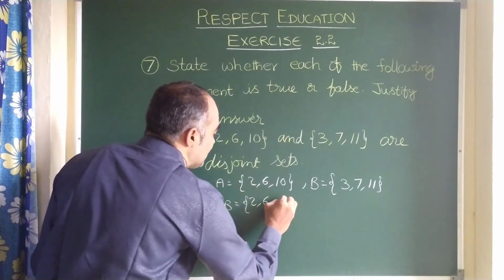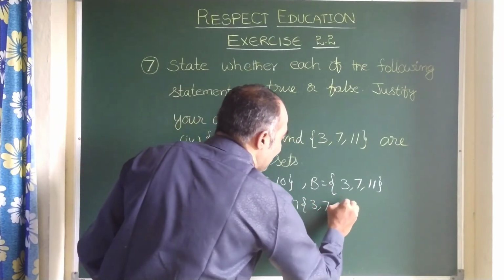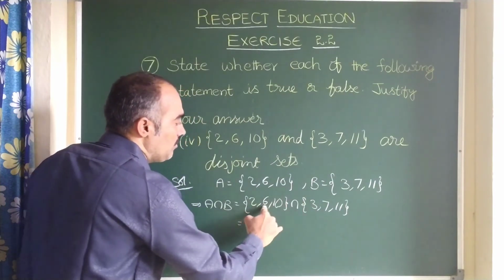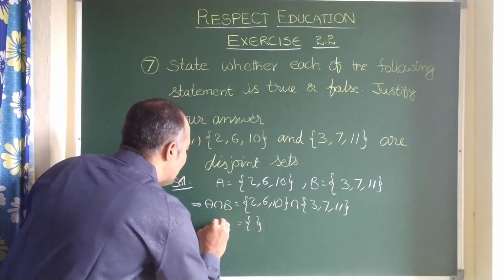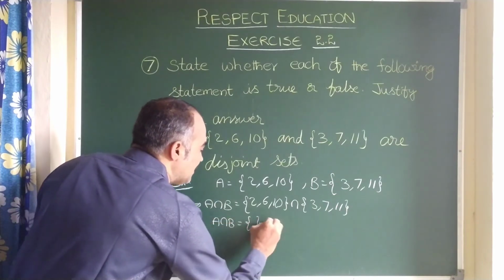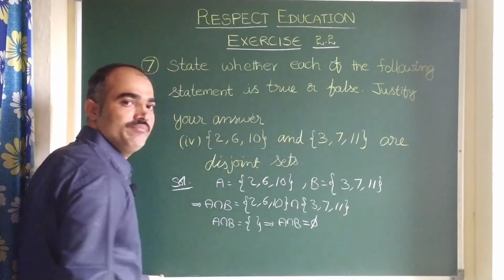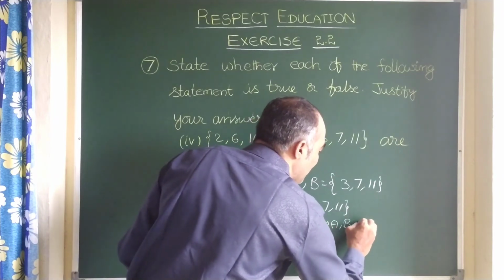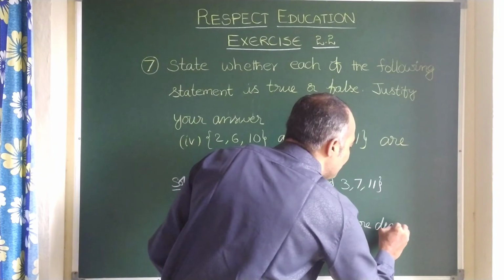So here 2, 6, 10 intersection 3, 7, 11. 2 is not in common, 6 is also not there, 10 is also not there. So here you got empty set, children. A intersection B is empty set. We can write it as A intersection B is phi, meaning empty set. That means here A comma B are, when their intersection is empty, they are disjoint sets.